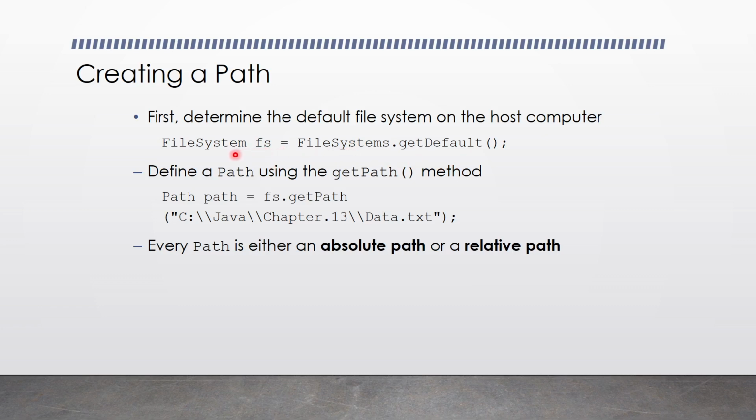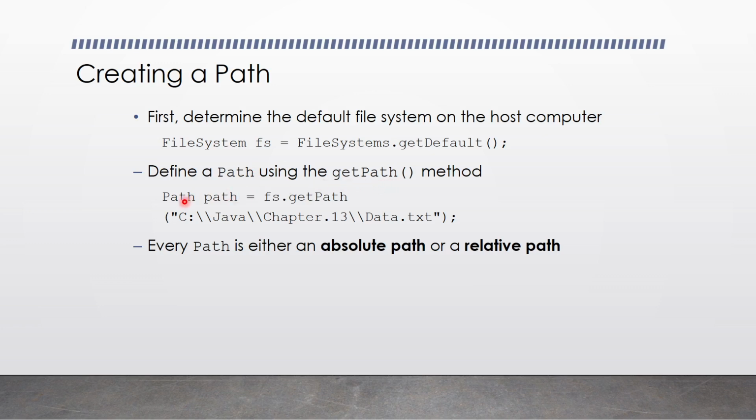The statement uses two different classes: FileSystems and the FileSystem class without an ending s, which is used to instantiate the object. FileSystems with an ending s is a class that contains factory methods which assist in object creation. After you create a FileSystem object, you can define a path using the getPath method.